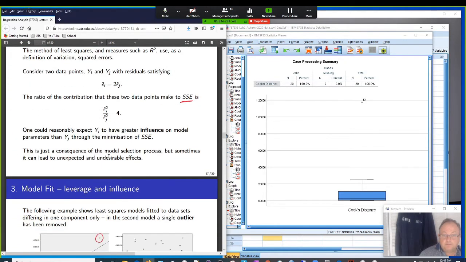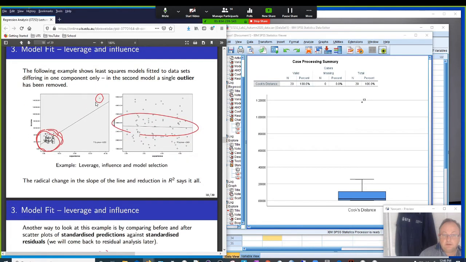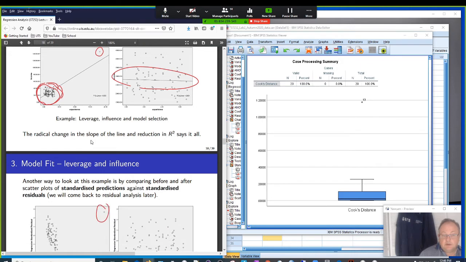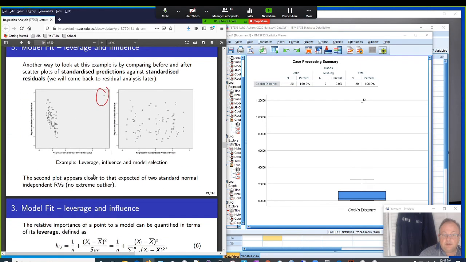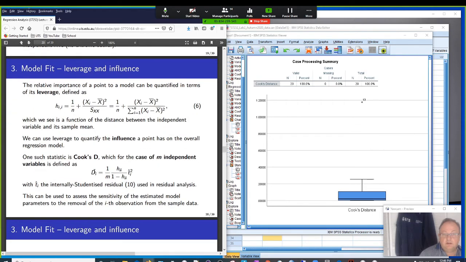A greater influence on a model parameter. So this is where we're talking about the existence of this guy and whether or not it's influencing the model. We'll use our statistic to help us understand that.